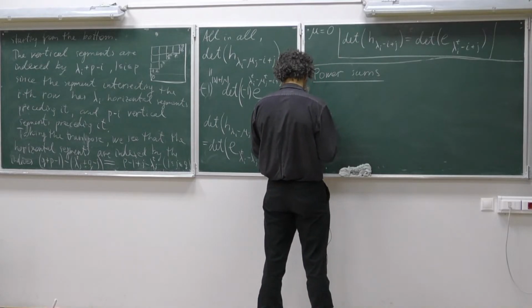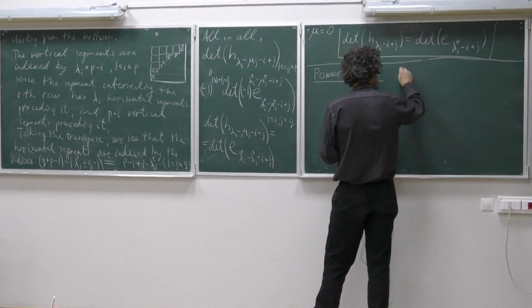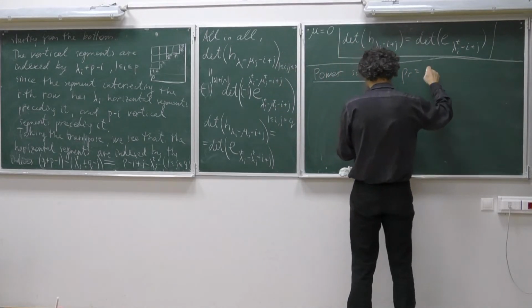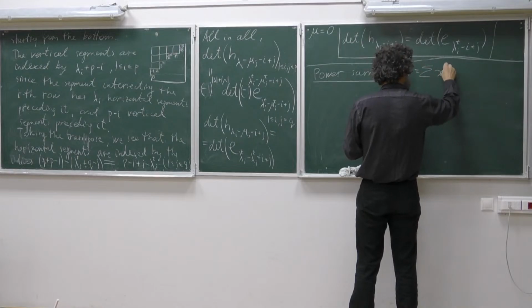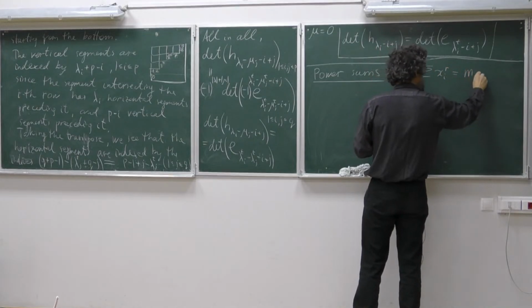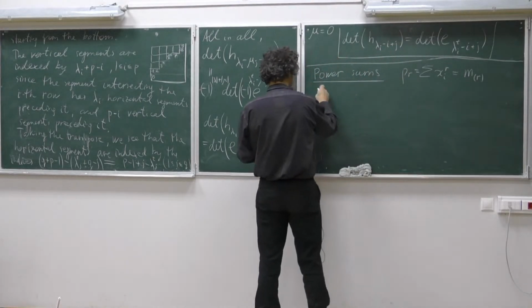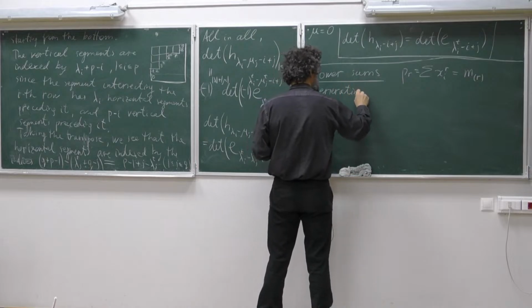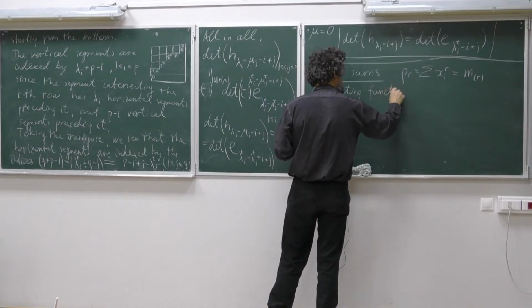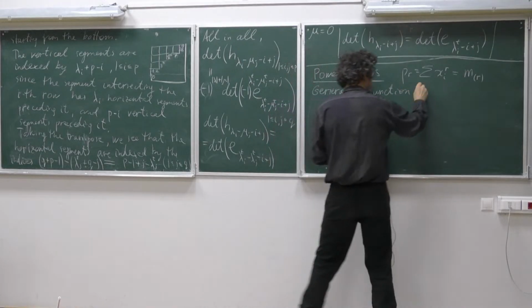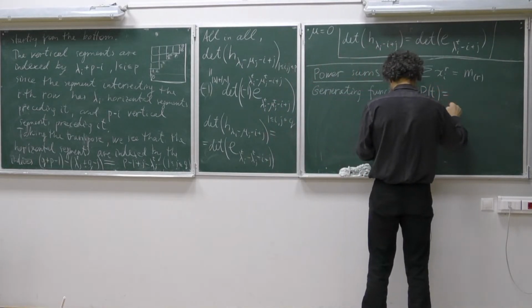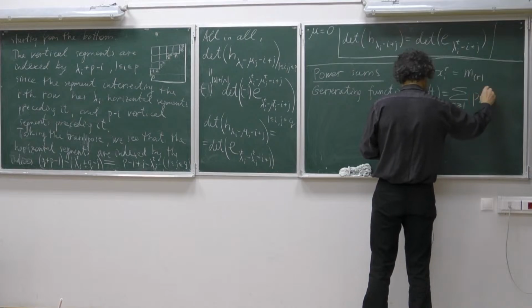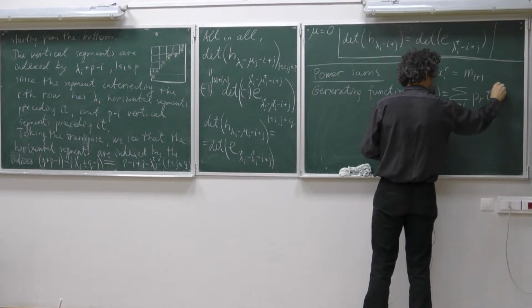So the power sums we already defined. p_r is the sum of x_i to the power r. It's m_r, as we already discussed. And now, again, let's consider a generating function P(t) equal to the sum from r at least 1 of p_r t^{r−1}.